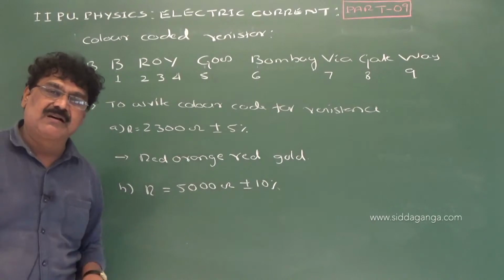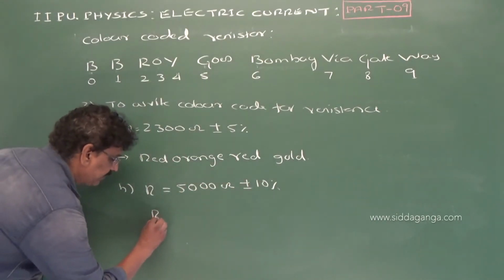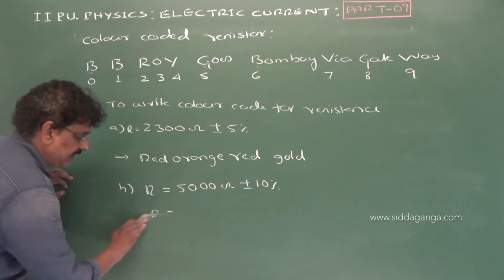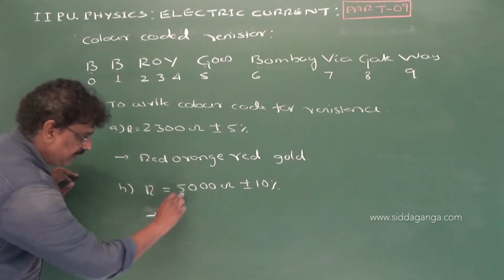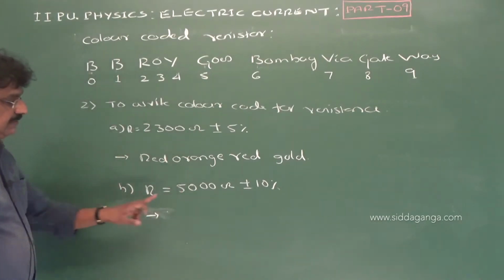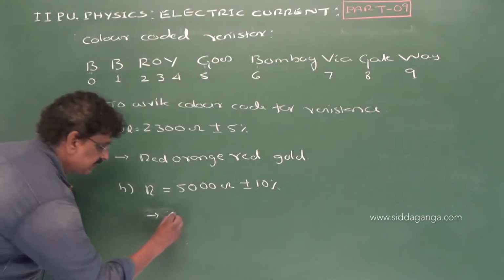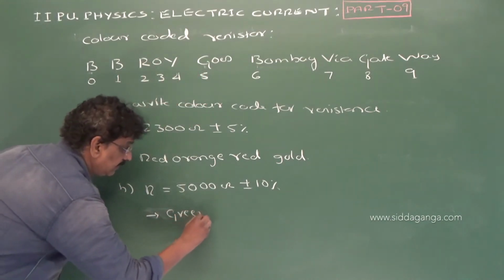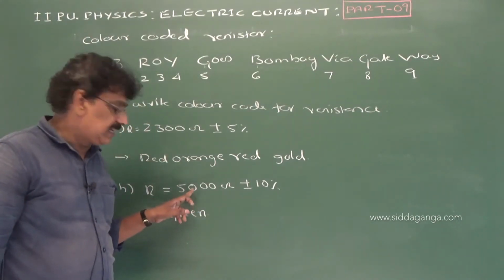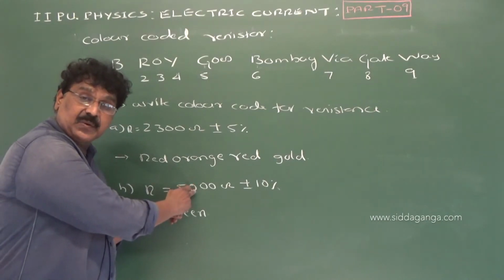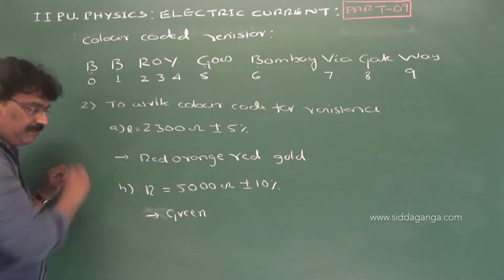5000 ohm plus or minus 10%. Now the resistance color code is equal to: this is 5, the first digit, that is green. Now the second digit is 0. That means 0 represented by black.